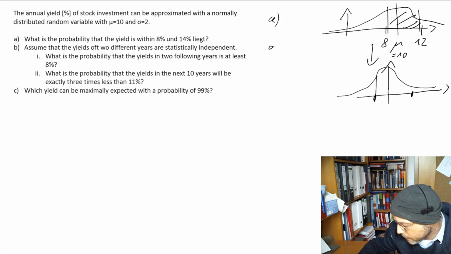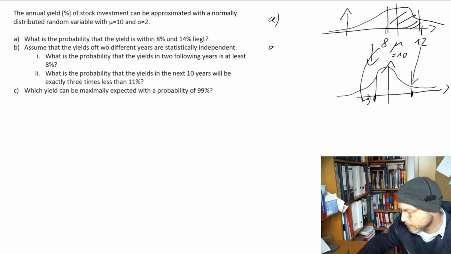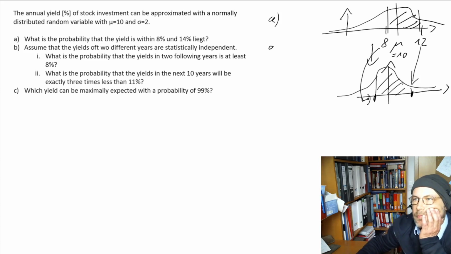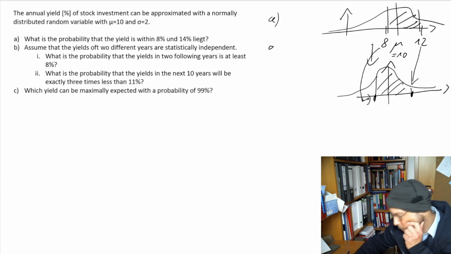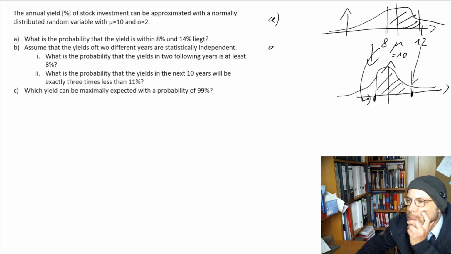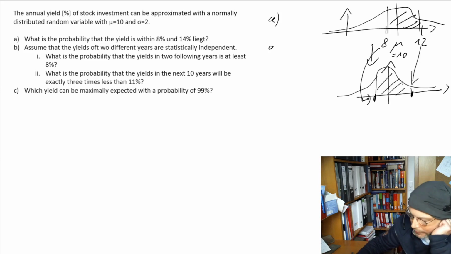So we need these two numbers. What equals 8 and what equals 12. Again, z equals x minus mu over sigma.